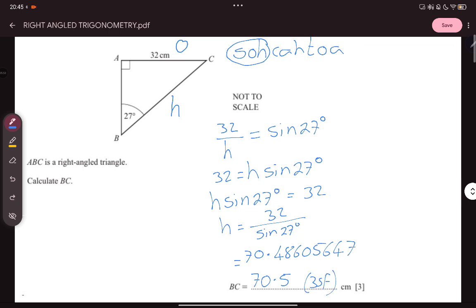Actually, yeah, it's a distance, isn't it? So I'm going to round it to significant figures. 1 decimal place for angles, and for other numbers on the Cambridge exam, at least they say 3 significant figures. In this case, it happens to be exactly the same thing. So there we are, 70.5 centimeters, 3 significant figures.